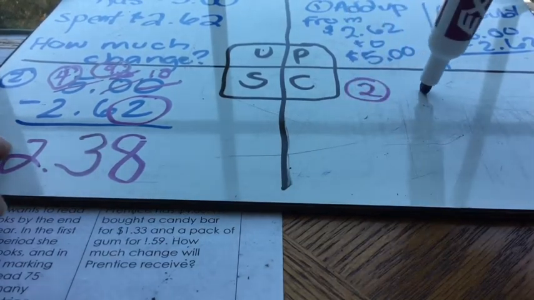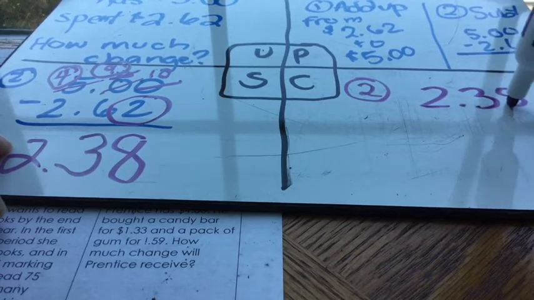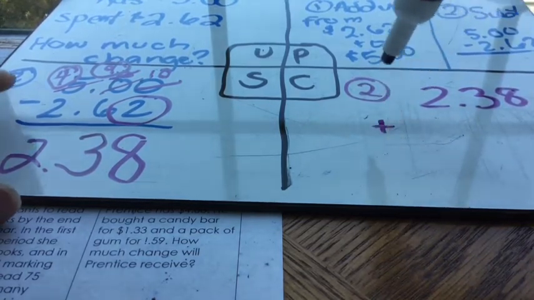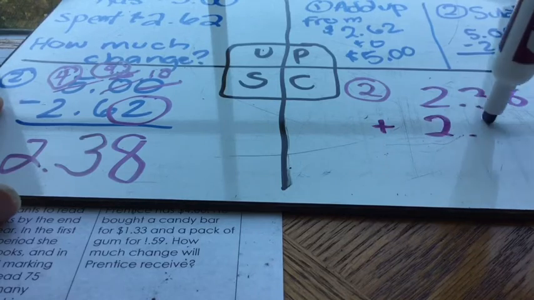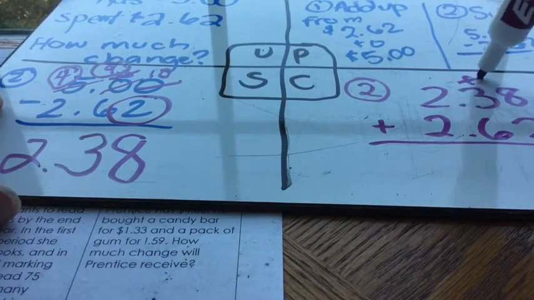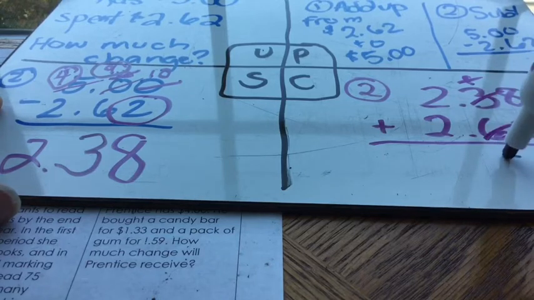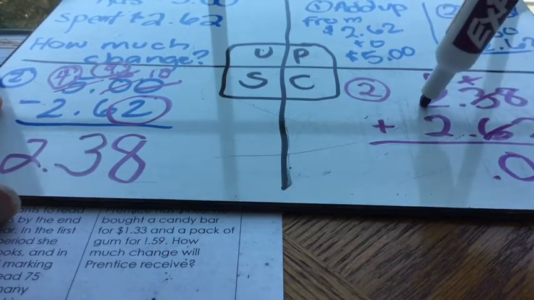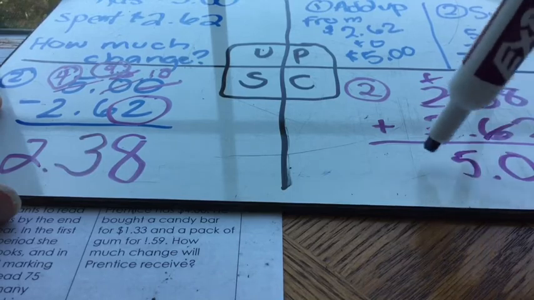So I'm going to take the bottom number and I'm going to add, since it was subtraction, I'm going to add the middle number. And hopefully I get $5. 1 and 3 is 4, 4 and 6 is 10. 2 and 2 is 4, and 1 is 5.